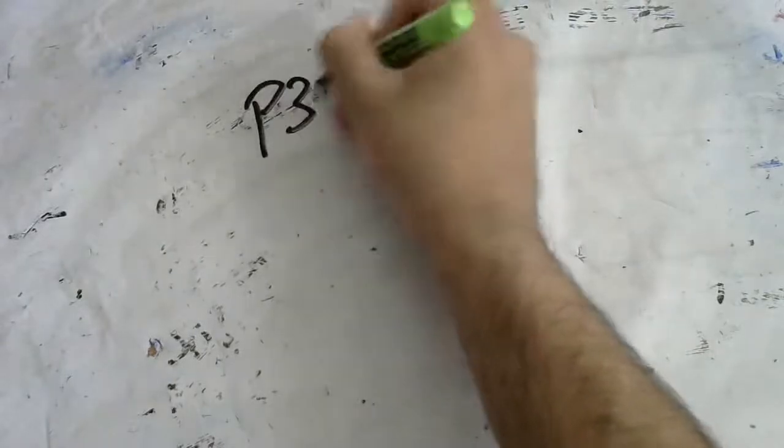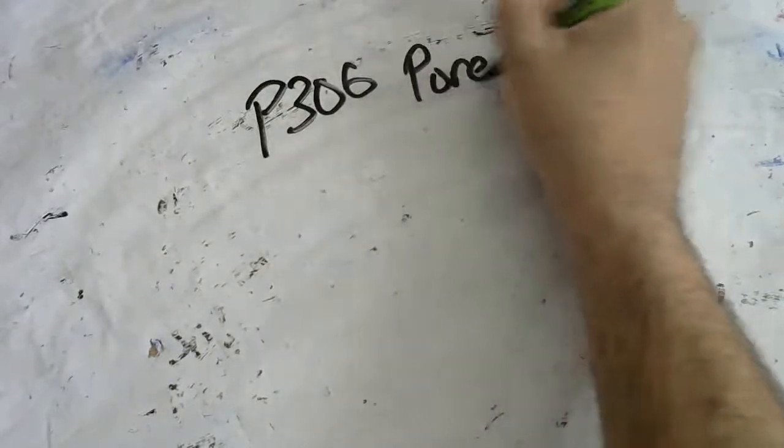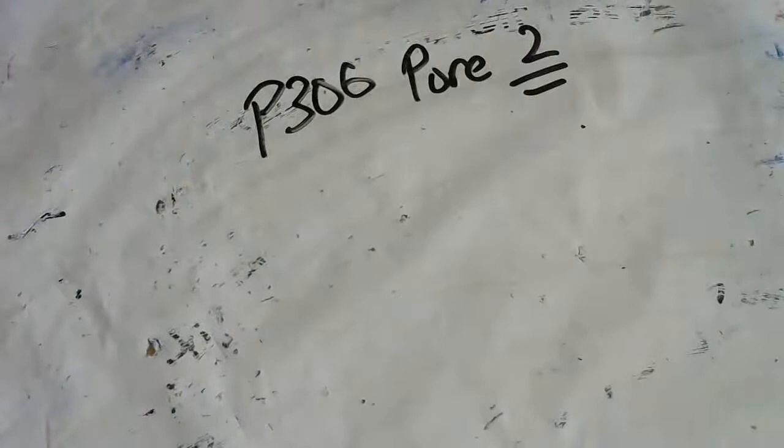Okay, so substitution works. Can I ask everyone to turn to page 306. So what we're looking for is page 306 in the Pure 2 textbook. Okay, I'll give you a few seconds to do that.